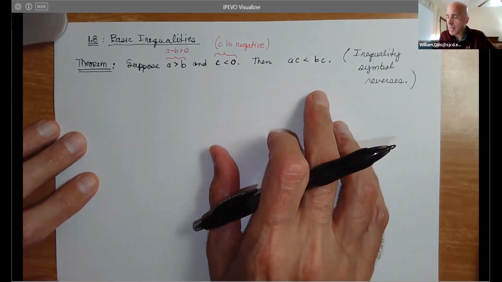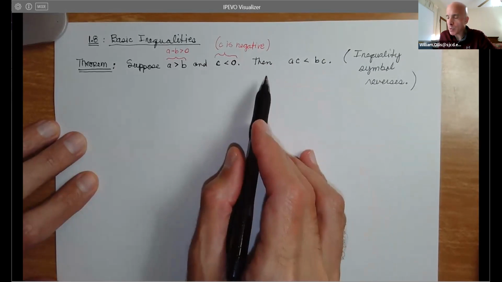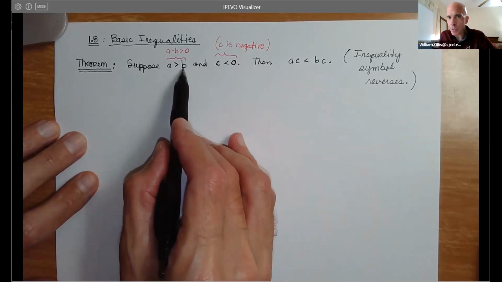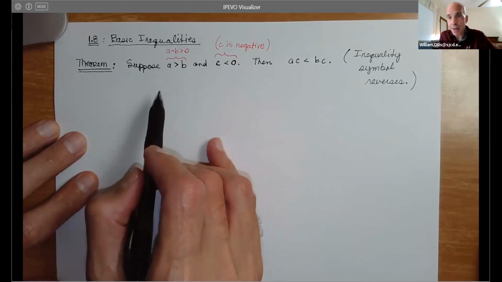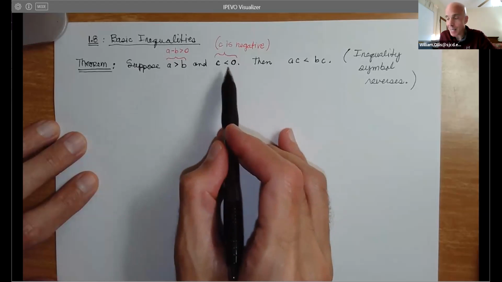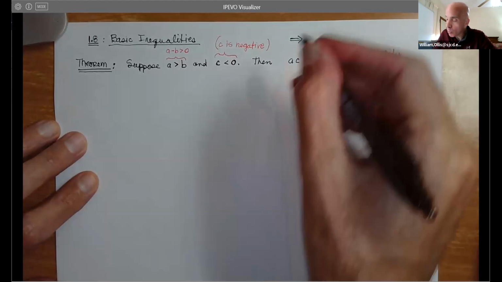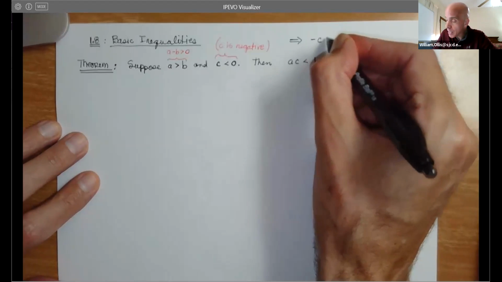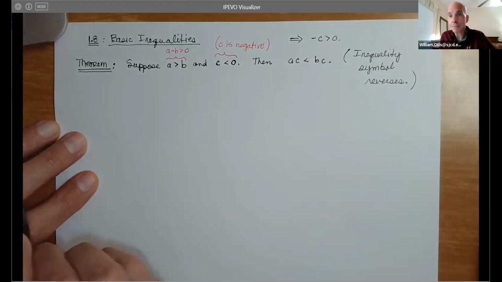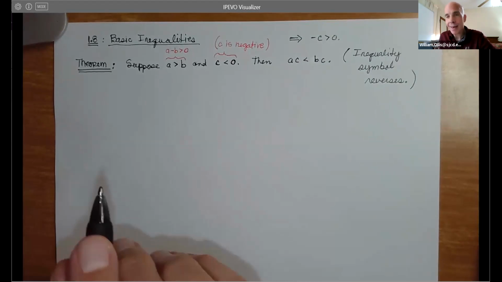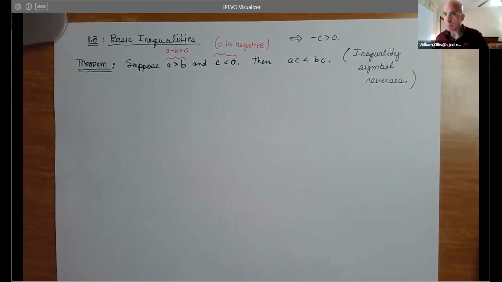So again, this has everything to do with the fact that if A is greater than B, A minus B is a positive number. And then if C is less than 0, then, and you may think about proving this on your own, the additive inverse of C must be a positive number. So the real numbers are strange, my friends.